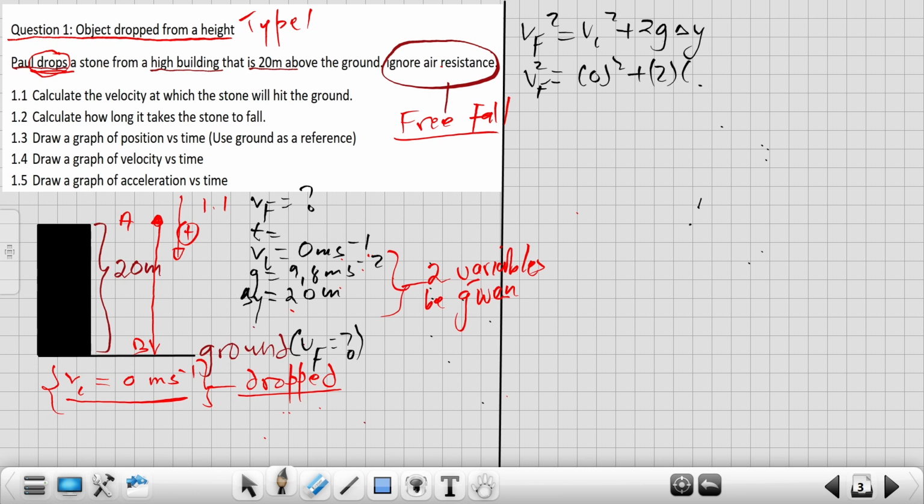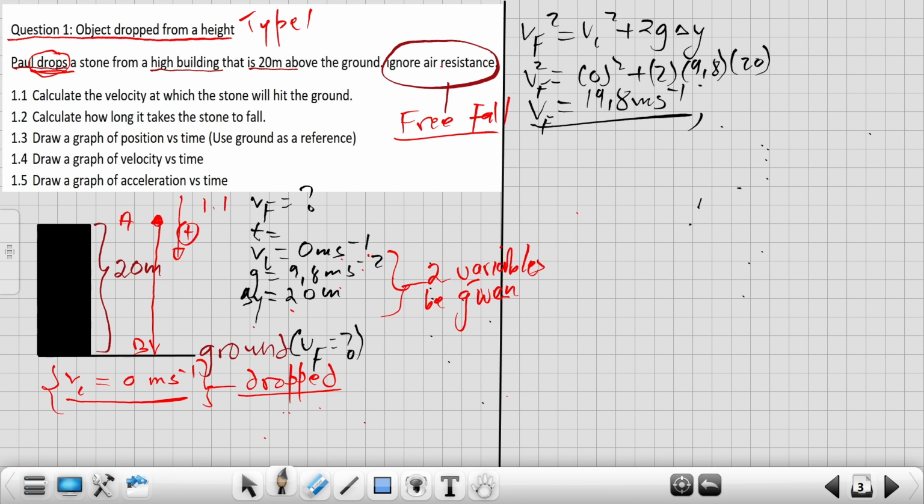Because it is in the same direction of the motion, it should be positive. So we are going to have 9.8 multiplied by 20, and then we get our V final as, let me get my calculator, something like 19.8 meters per second.